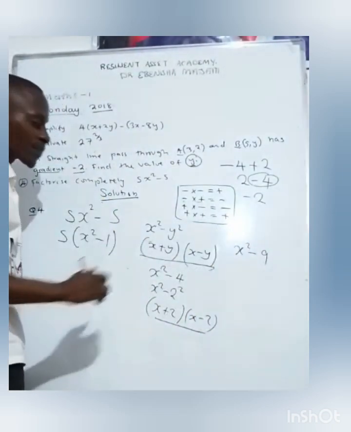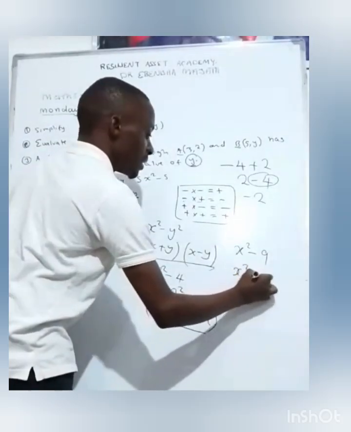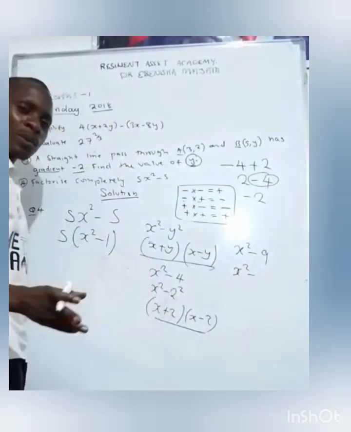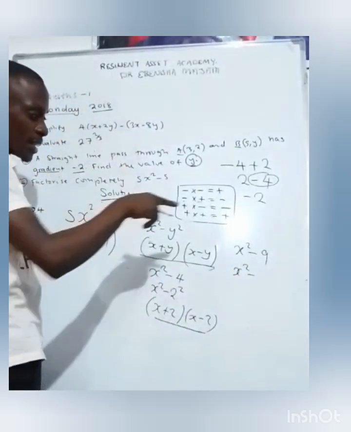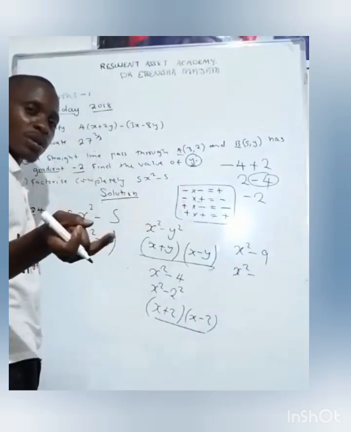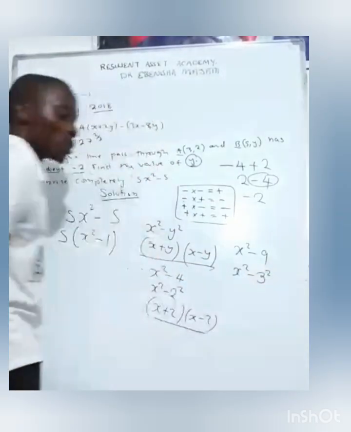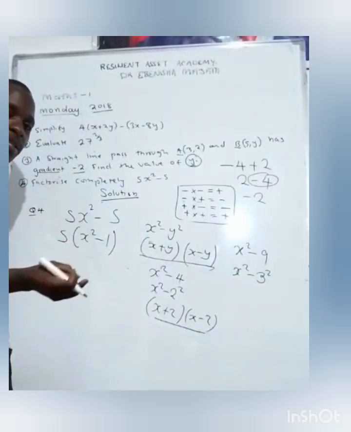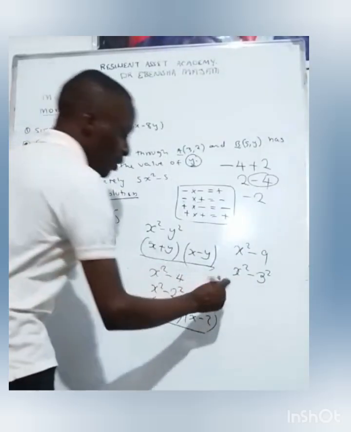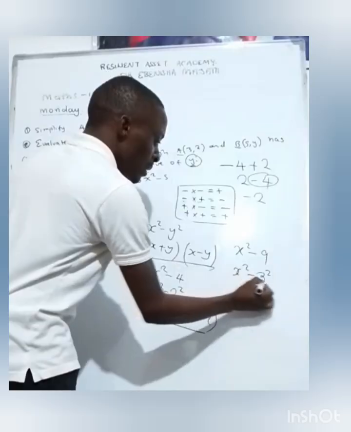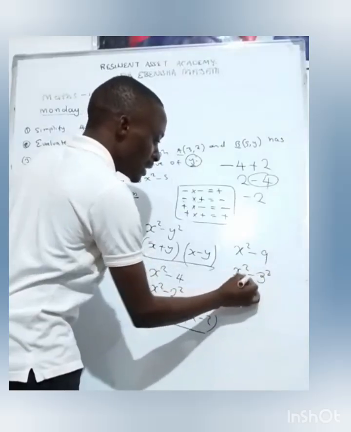So we come back to what we had here. I'll just put them so that you are not lost. Here we have 5 outside, then inside you have x squared minus 1. You can say 1 squared, because 1 times 1 will still give you 1.